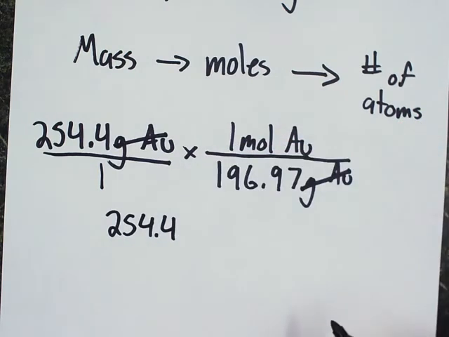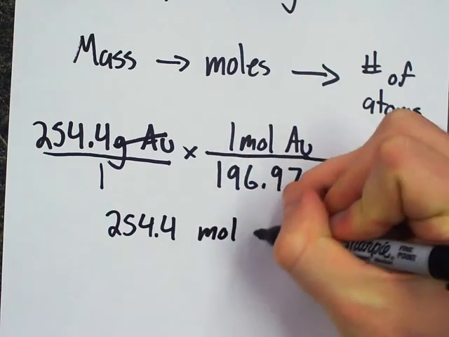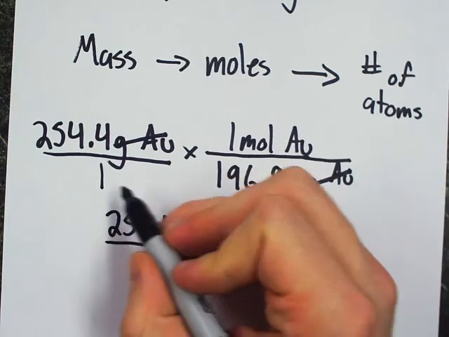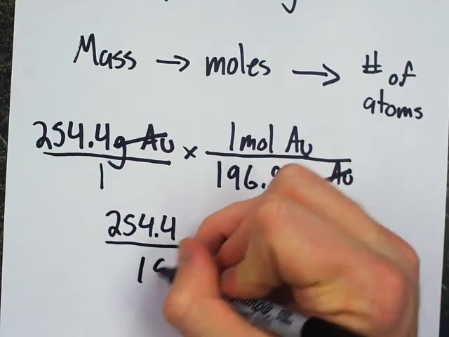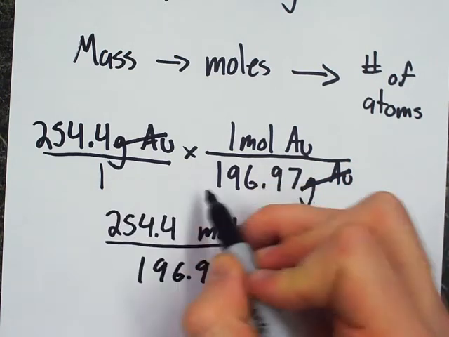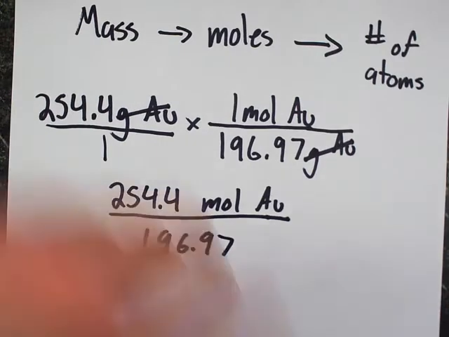The 1 can go away. Multiplying something by 1 doesn't do anything, but I do have these units here still. So I'll keep my mole of gold up top over everything on the bottom multiplied together. 1 times 196.97. I don't need to bring the times 1 because multiplying something by 1 doesn't do anything.